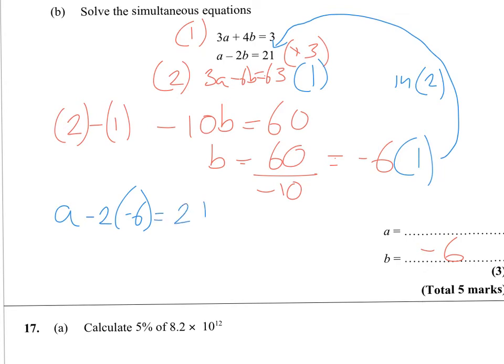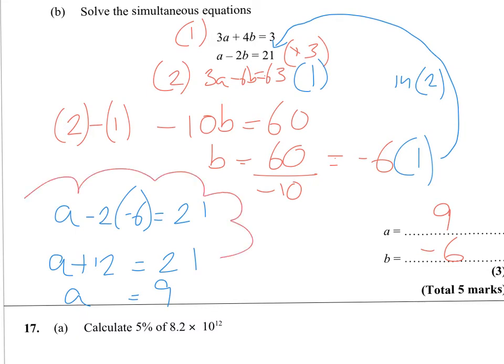Let me just rewrite that. a minus 2 times minus 6 is plus 12 equals 21. So a equals 21 take away 12, which is 9. Okay, so I'll write that in there, and that's my third mark. Hopefully that makes sense.